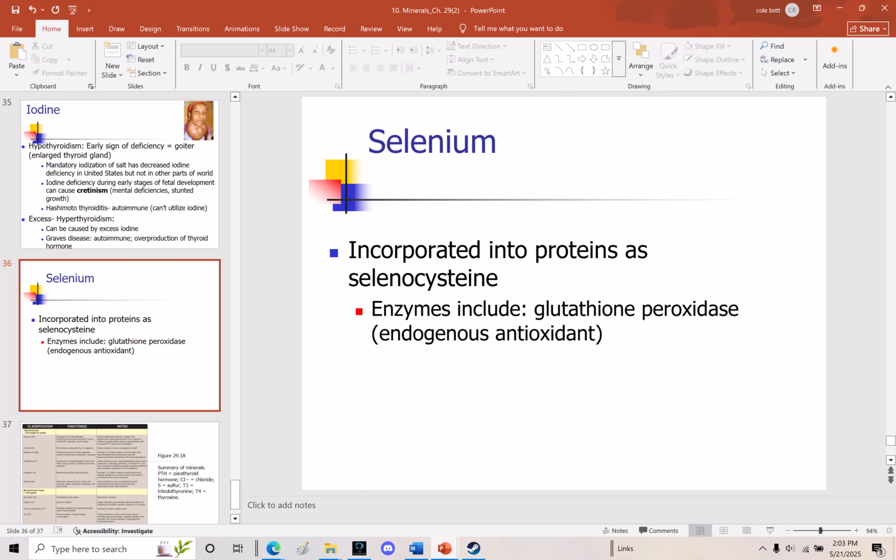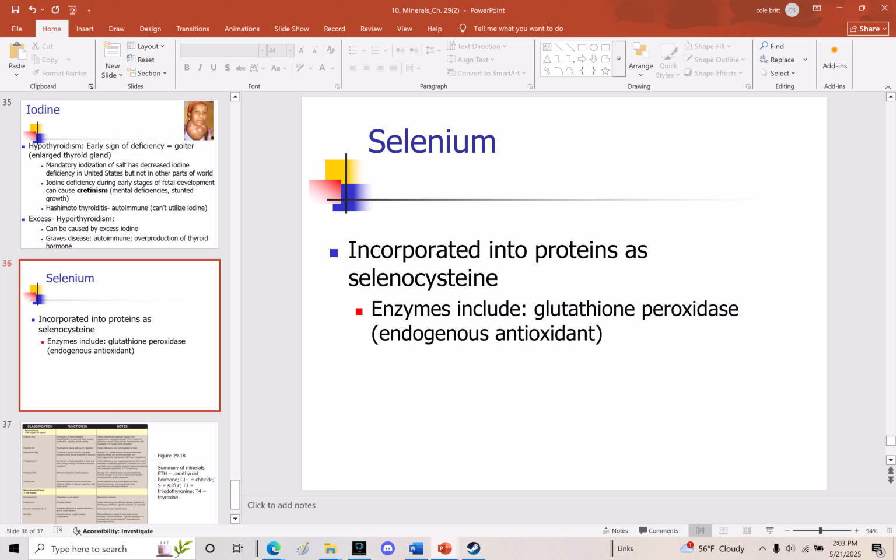I think this might be the last one. Selenium. Selenium, important as selenocysteine. Sometimes we call this the 21st amino acid, selenocysteine. But technically, selenocysteine is just a really important molecule in enzymes, including glutathione peroxidase. So cysteine is a really important component of glutathione.